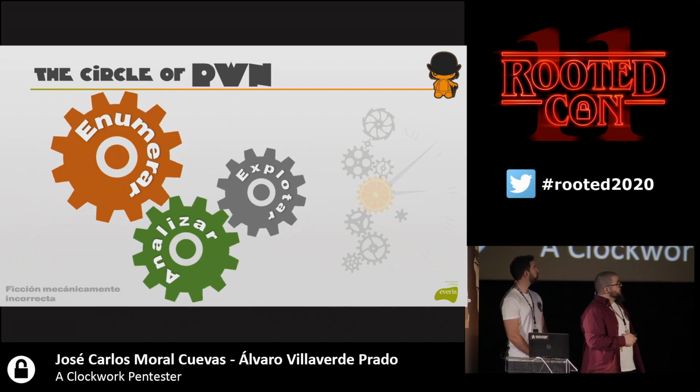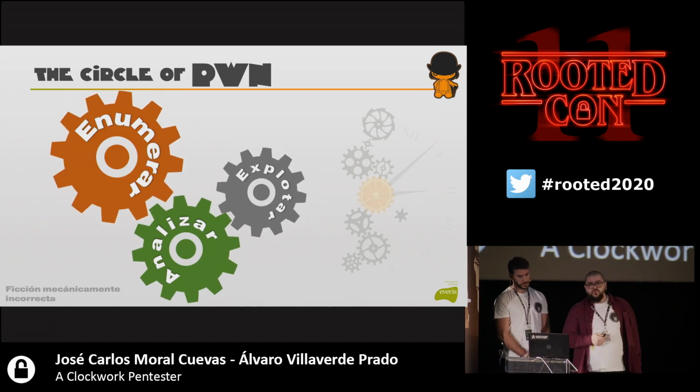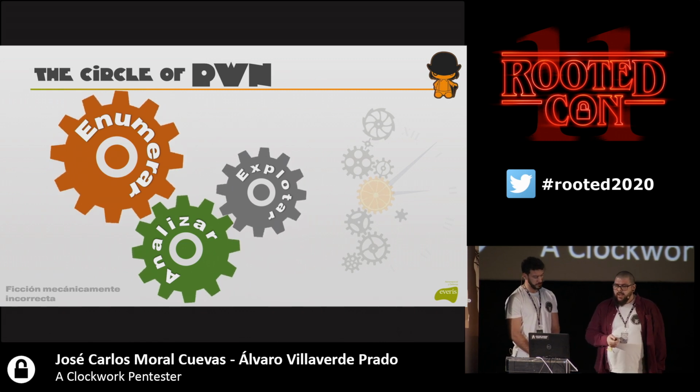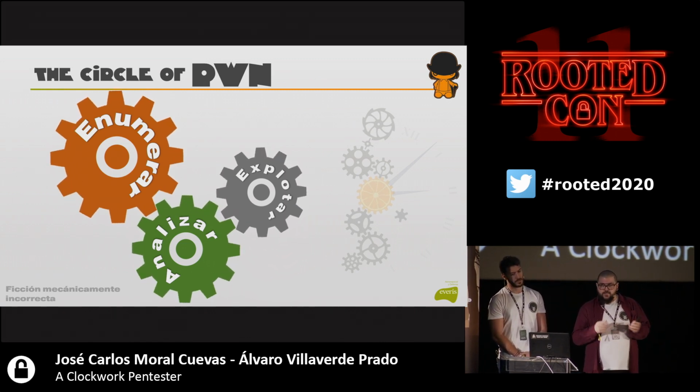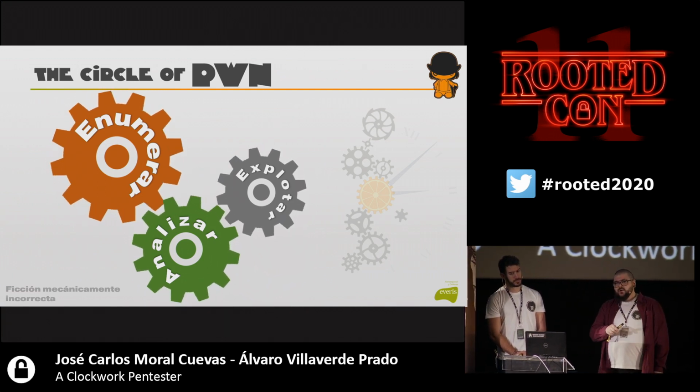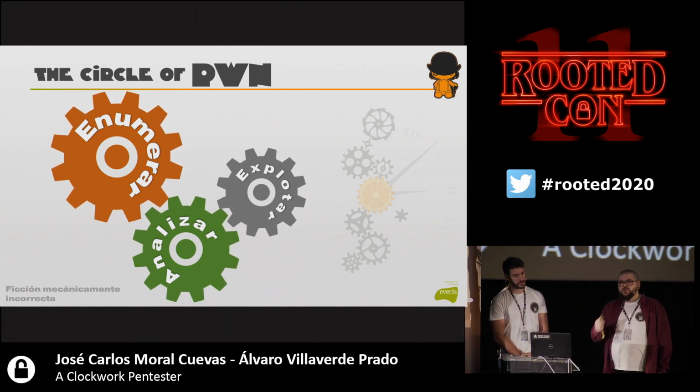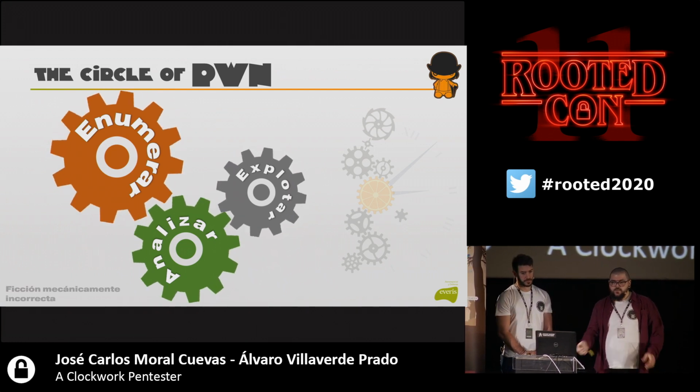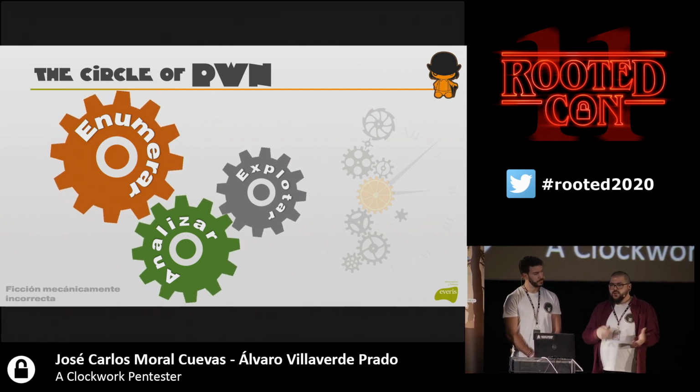Intrusion analysis is reduced down to 3 steps: listing, analyzing, and exploiting.